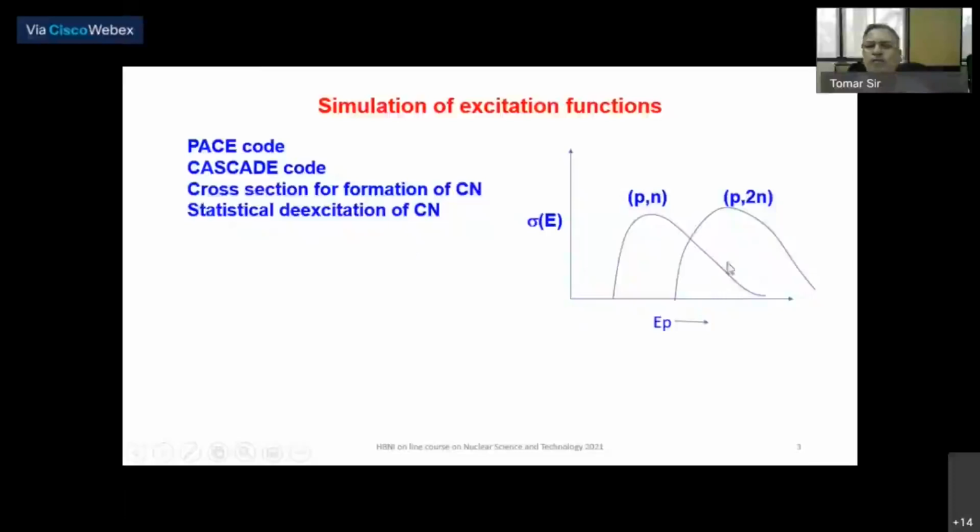The code will calculate the cross section for different channels. So they are very handy to simulate the excitation functions and help you in guiding what projectile energies should be used, what the thickness of the target should be, and all that. So you can look for such codes. They are available freely on the internet also.